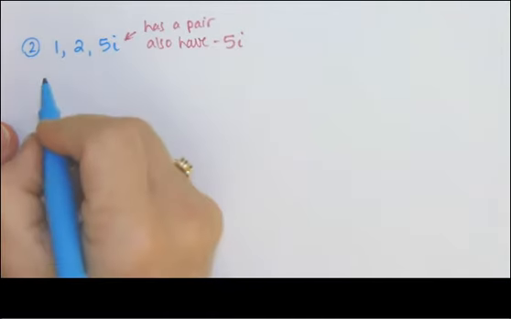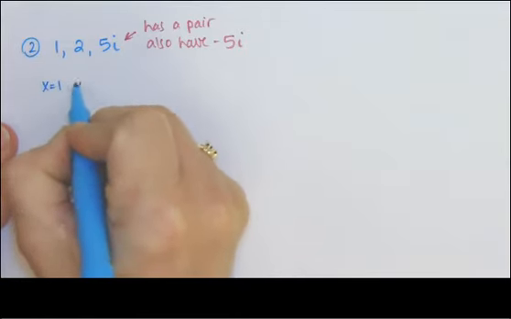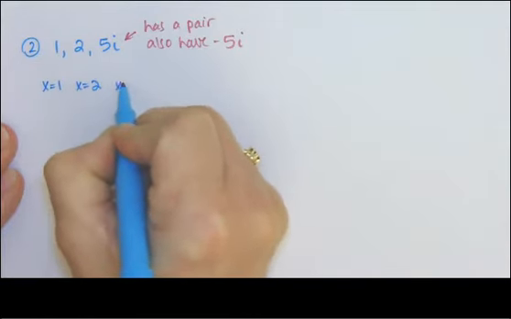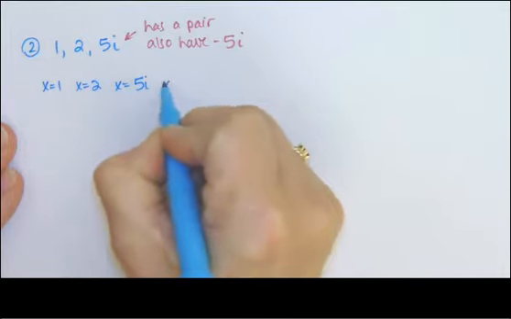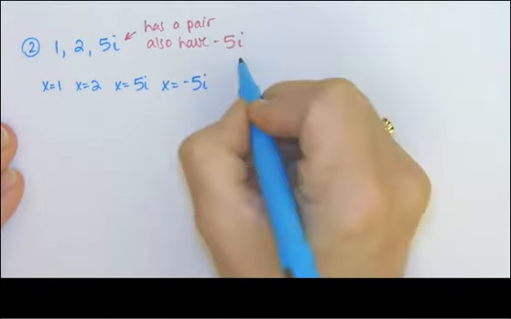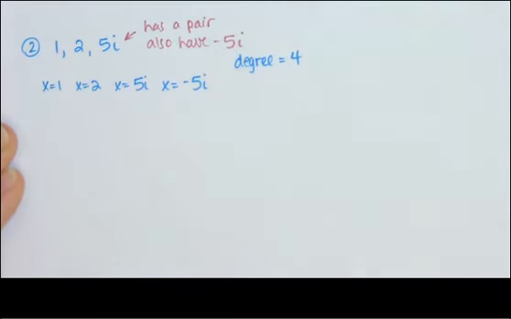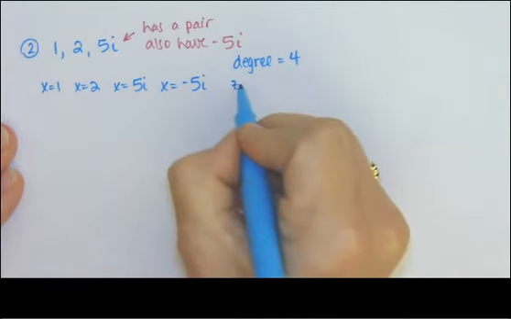So my zeros are actually x equals 1, x equals 2, x equals positive 5i, and x equals negative 5i. Now you see you have 4 zeros, so my degree when I'm done should be 4, because it's the least degree polynomial.